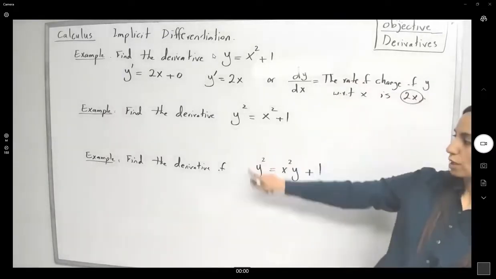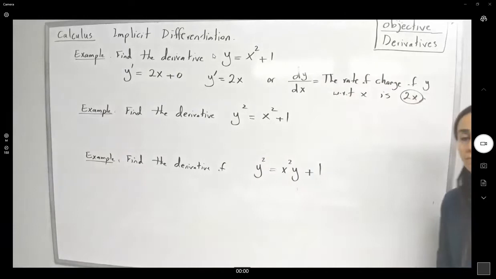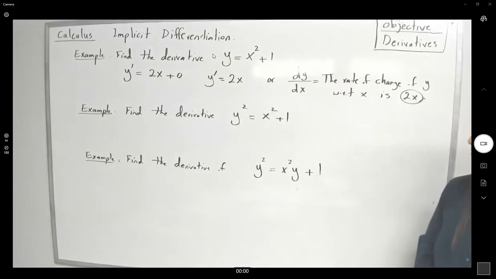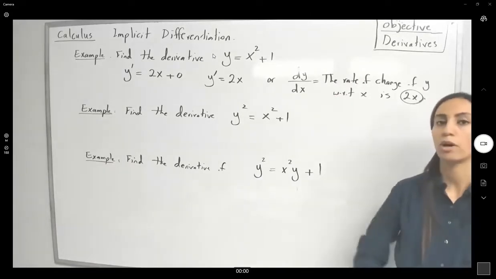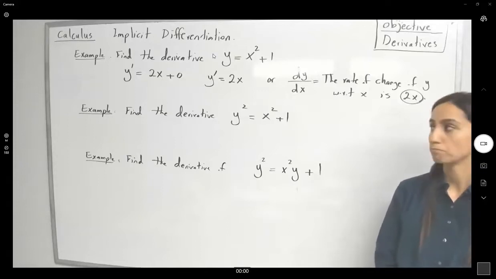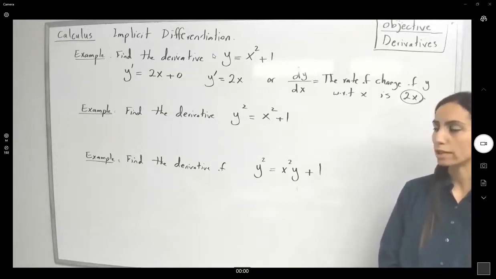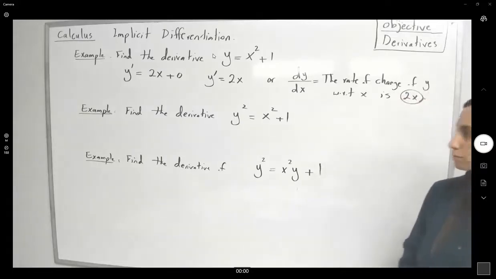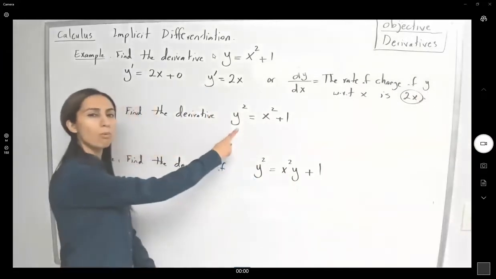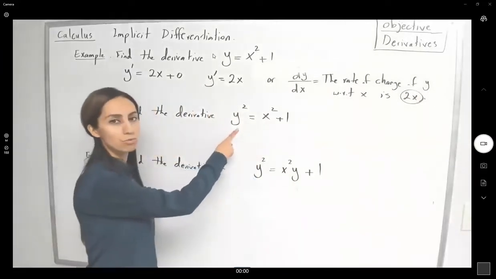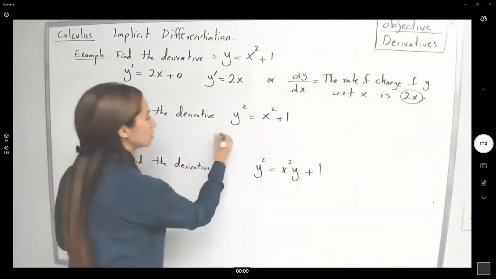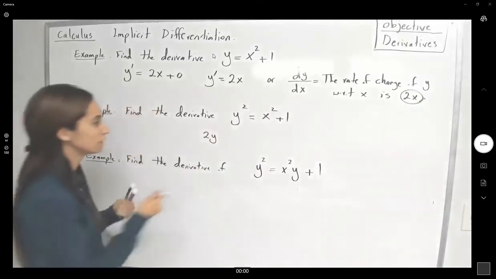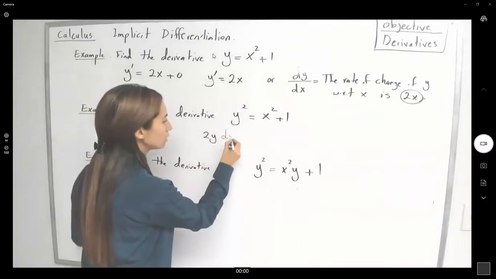But what should I do about these two cases here? You have two options. The first option is applying implicit differentiation. How does it work? We start taking the derivatives with respect to x from both sides. The derivative of y squared is 2y dy, and we need to add the element of taking the derivative of the inner function.